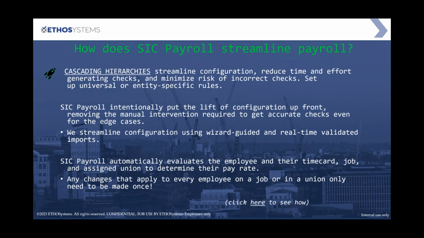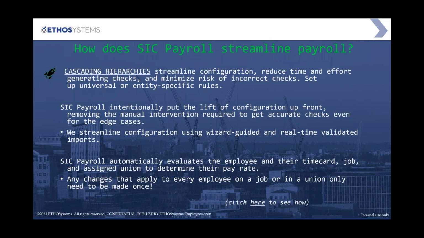By that I mean allowing the user to create workers' comp classification codes at various levels within the configuration, employees, jobs, trade levels, rather than forcing that information to be entered and tracked as a manual override on a time card. Still is available, but the intent is build the rules into the system, treat the checks and the time cards as those true exceptions.